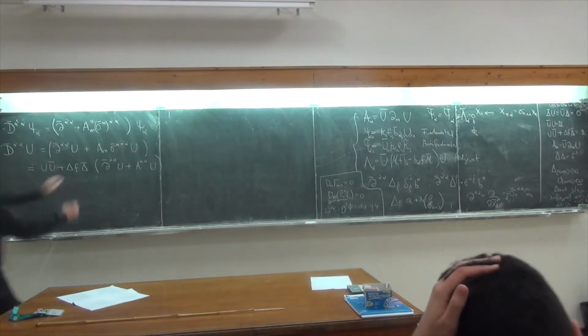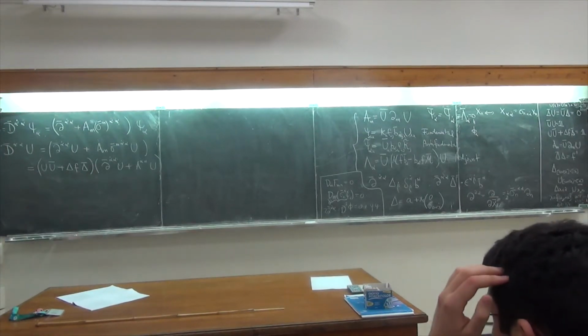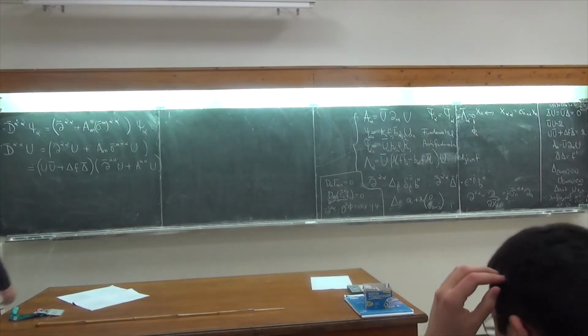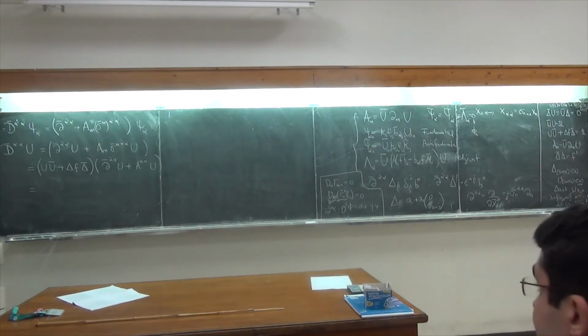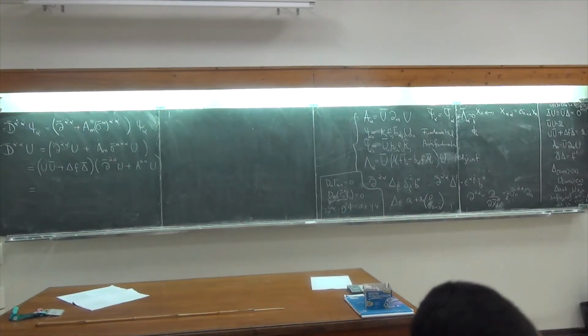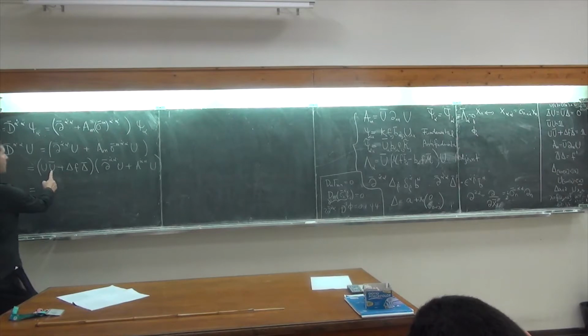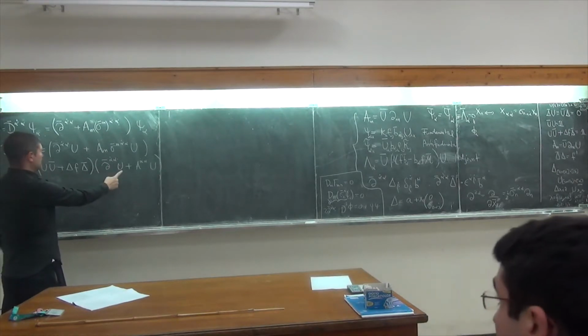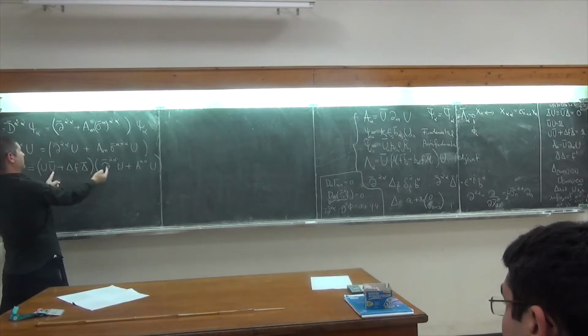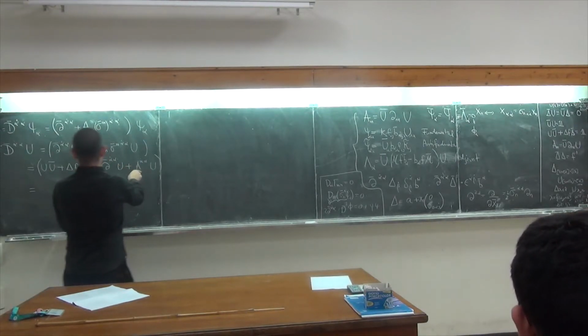I'm just multiplying these things by that. Now, I know that u bar times u is the identity. Therefore, this derivative I can pass here.